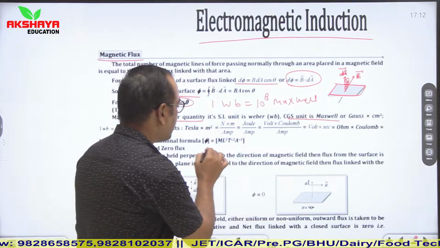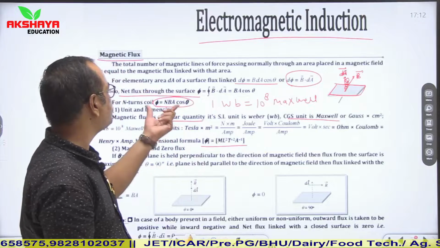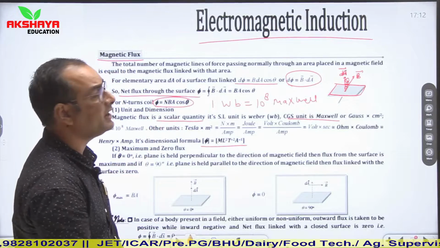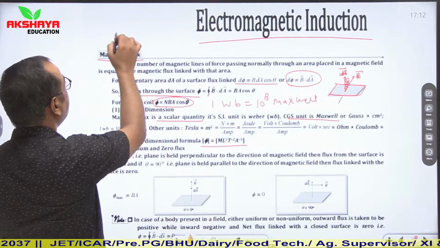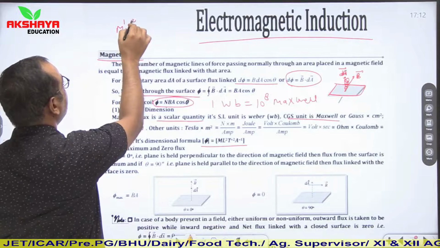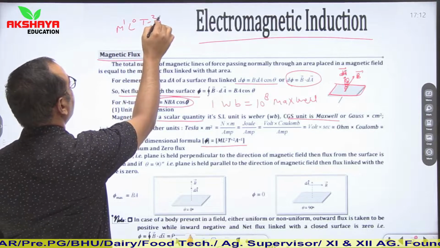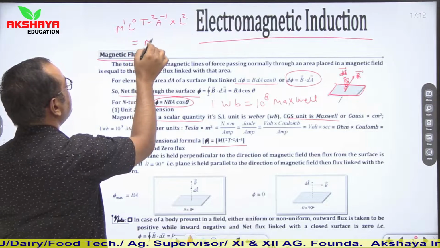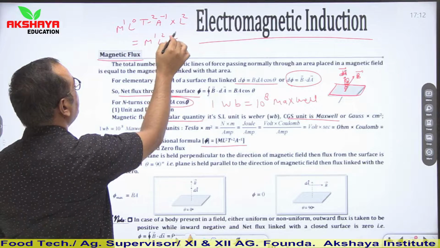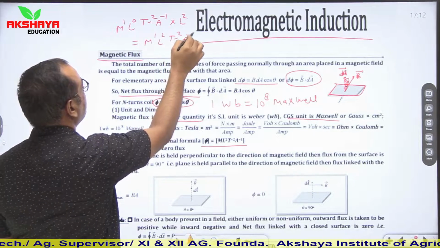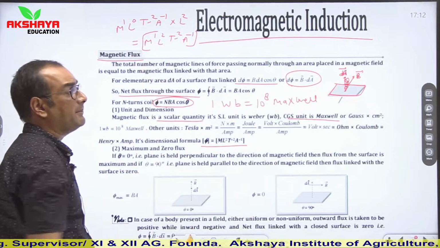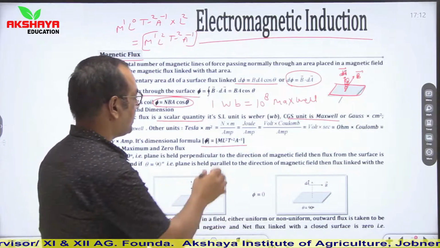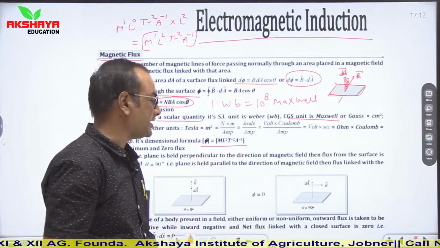For its dimension, we use the relation phi is equal to BA. Magnetic field is M1 L0 T minus 2 A minus 1, and area is meter square. So the dimension of magnetic flux is M1 L2 T minus 2 A minus 1.